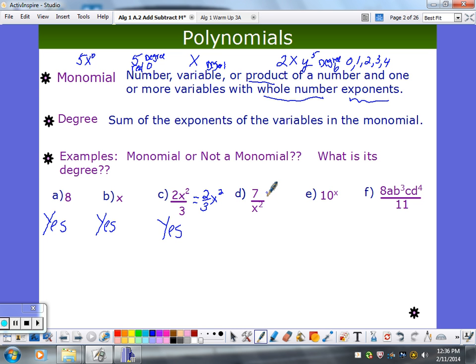She wants to know an example of one that isn't. This one is not. Because I can rewrite this like this, can't I? Are these equivalent? Is this a whole number? No. So you can't have x's in denominators and be monomials, because we just learned all about negative exponents, and you see me do this example. The thing to take away from this is, if you have variables in a denominator, it's not a monomial.